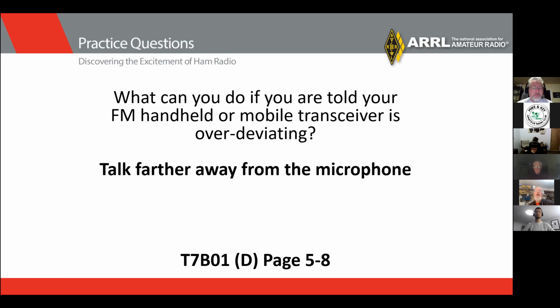Over deviating is over modulating. Deviating is more of an FM term. Over modulating is more of an AM term. Because I know in the book it's not real clear. They're pretty close to the same thing. Over modulating is going to be more of an AM term, and over deviating is going to be an FM term. But they'll do the same thing. They'll clip it. When you're over modulating, you'll clip it.